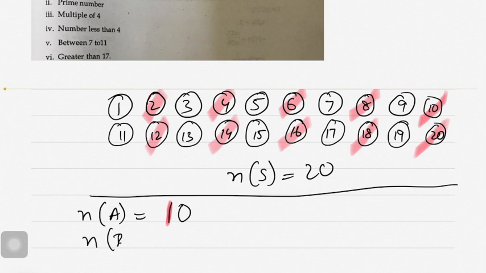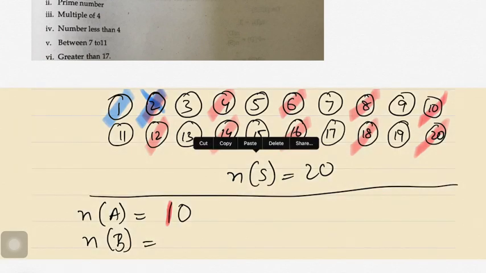Second part, it is a prime number. Okay. So n of B. Let us see all the prime numbers. Let us select all the prime numbers. Prime numbers are numbers which are not divisible by any other number, right?